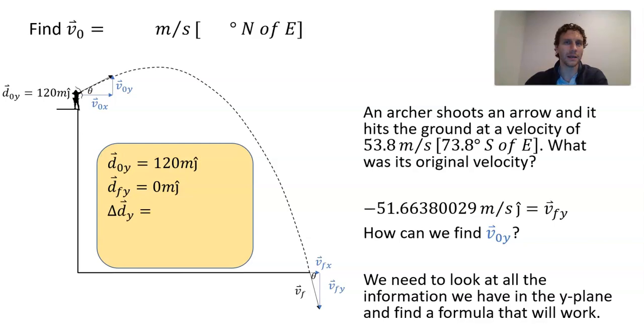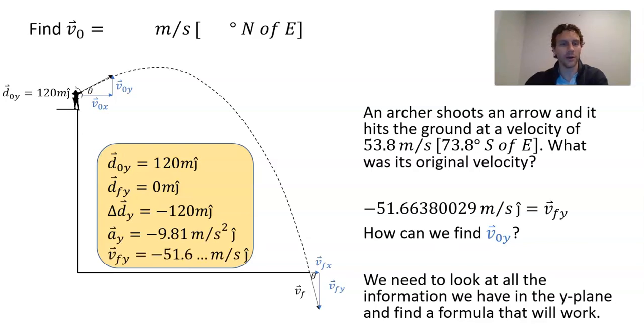Delta D is always final minus initial, so 0 minus 120, so it's negative 120. Acceleration is negative 9.81. And V final y is negative 51.6, and there are some more decimals. So knowing this information, what formula can we use to find V naught y?